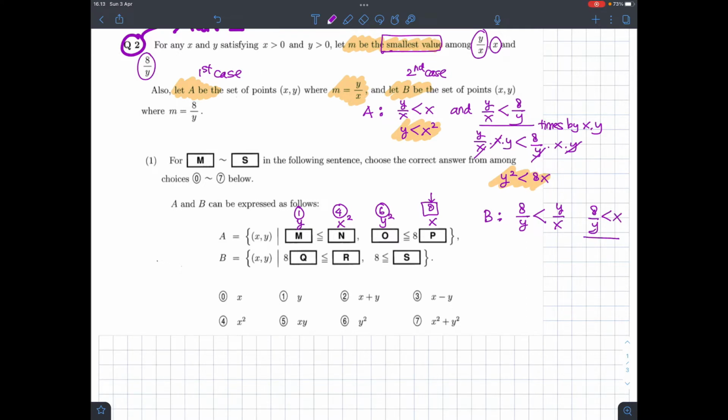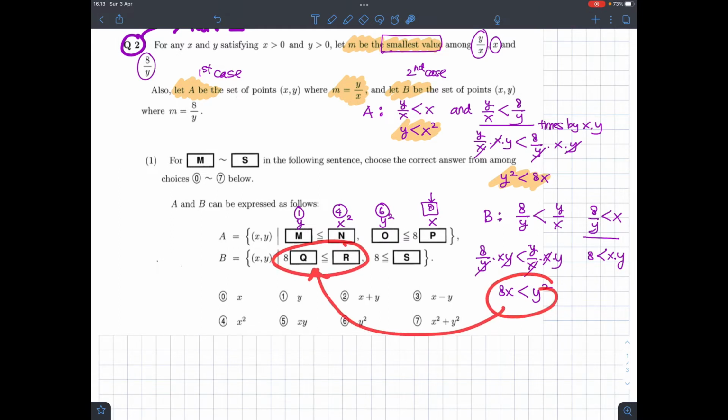Here we multiply by y, so this becomes 8 less than xy. And this one we also multiply by xy: 8 over y times xy, y over x times xy. We cancel out this y and this x, so we get 8x less than y squared. So this is for this, and this one for this.